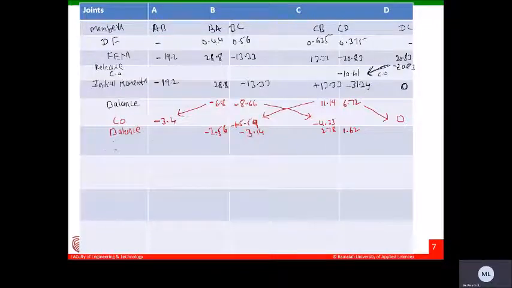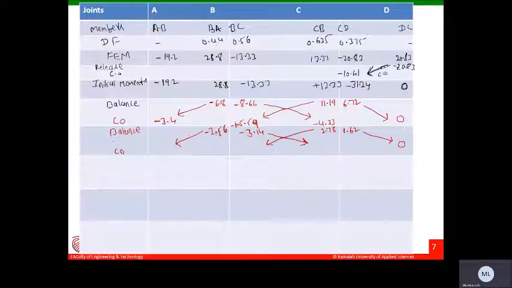Now what you have to do? Next step, I need to do the carry over. It means I need to carry half of the movement to the adjacent supports. So here I can carry from B to C, C to B. Here to here I cannot carry; this is 0.